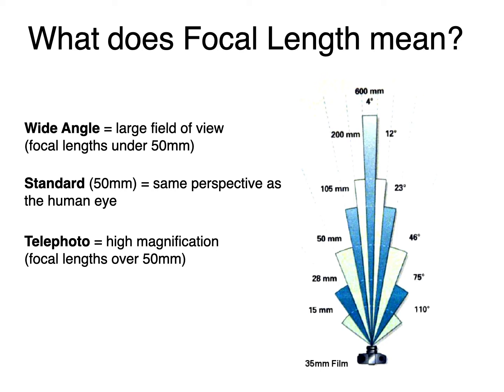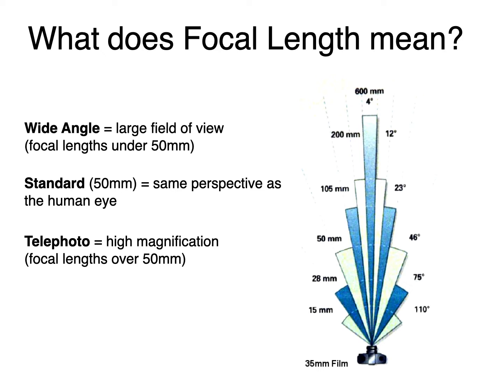The 28 millimeter gives a 75 degree view, and the 200 millimeter telephoto lens covers 12 degrees, so the perspective is only towards the 12 degrees of the visual it can capture, and 4 degrees for 600 millimeter.